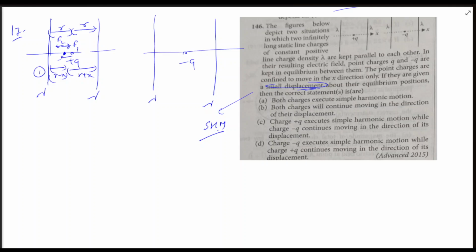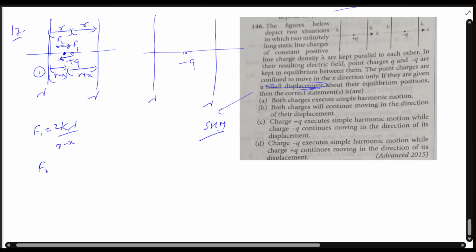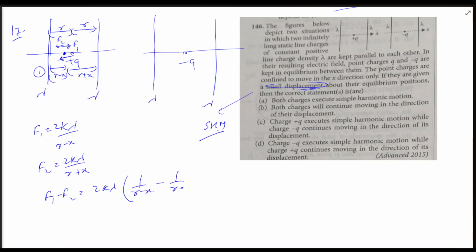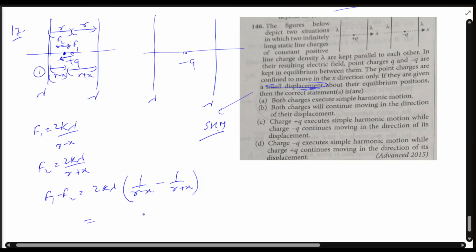So I've displaced it here. f1 will be 2k lambda by r minus x, and f2 will be 2k lambda by r plus x. We know f1 will be more, so we just write f1 minus f2. So 2k lambda times 1 by r minus x minus 1 by r plus x. So we will have r plus x minus r minus x upon r square minus x square, and it will be 2k lambda.